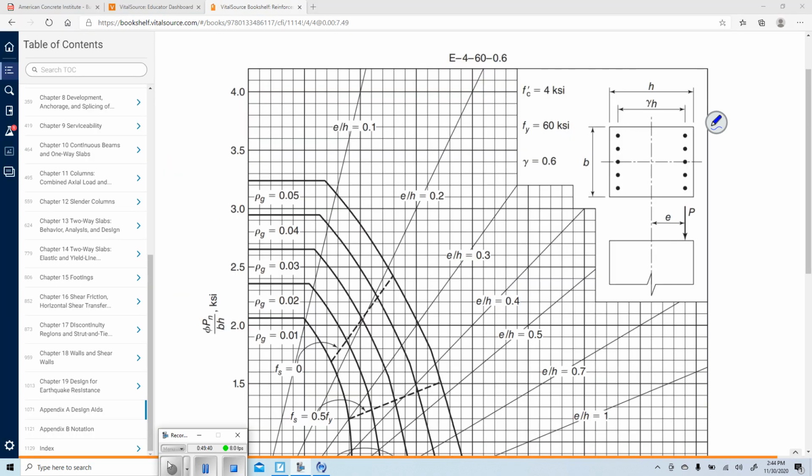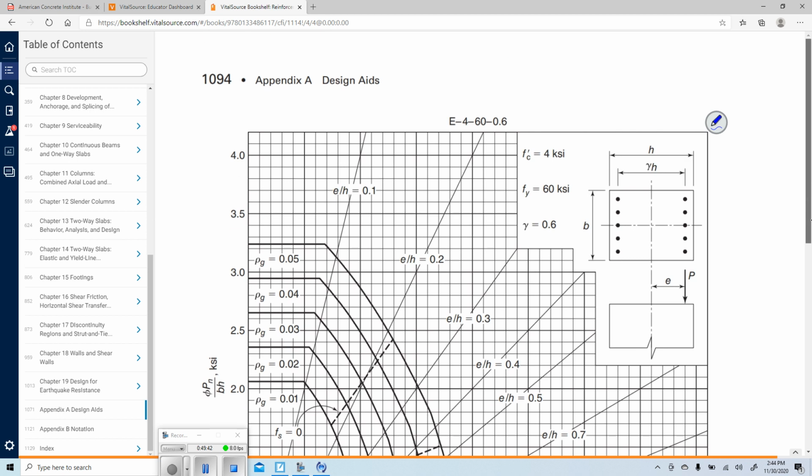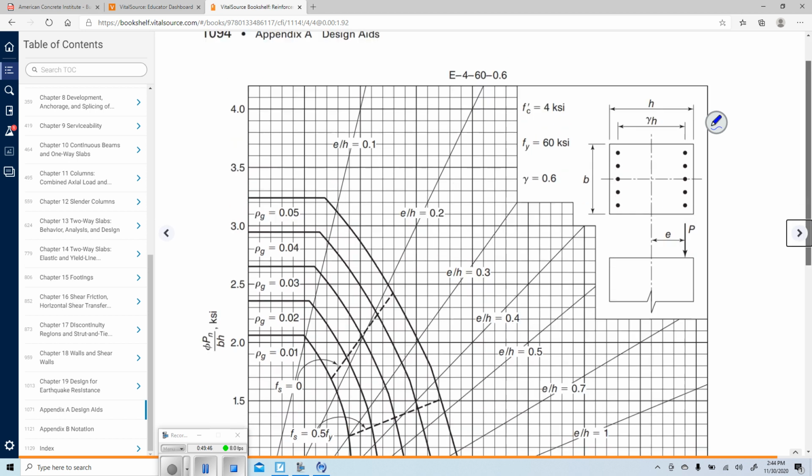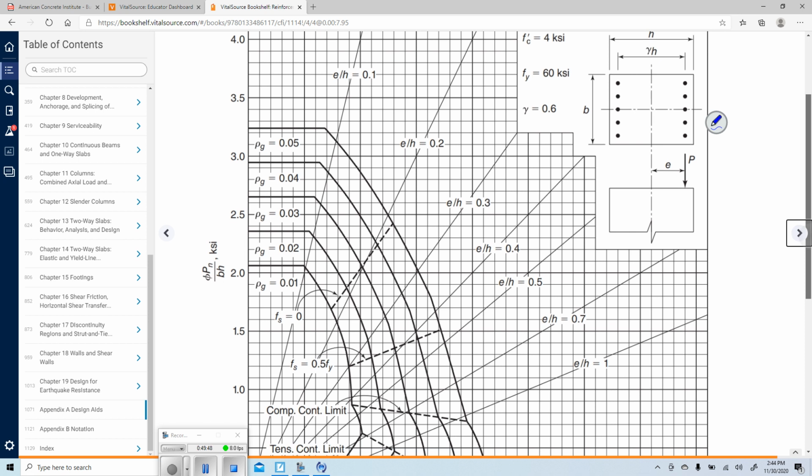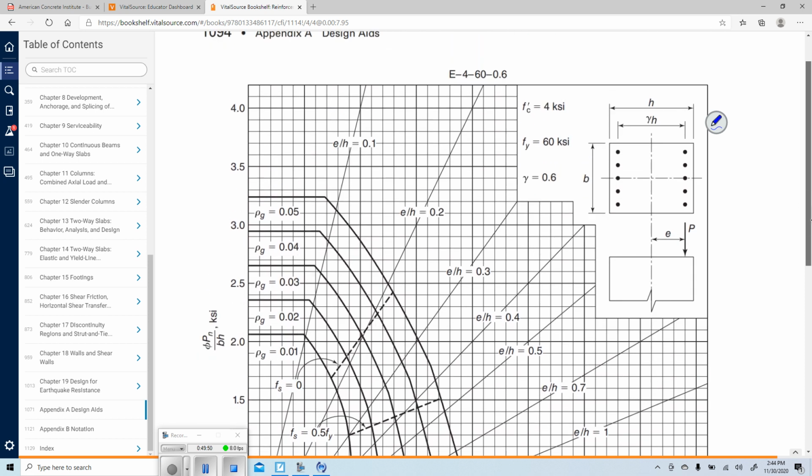So we're going to use these design aids. This is page 1094. That's where they start, in the back of the book. And you see we have a potentially rectangular section with reinforcement only on 2 sides, so this would be something maybe with a higher moment.